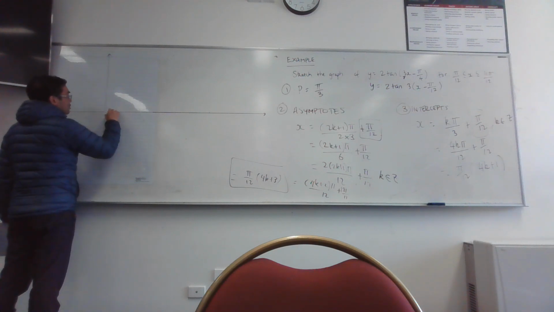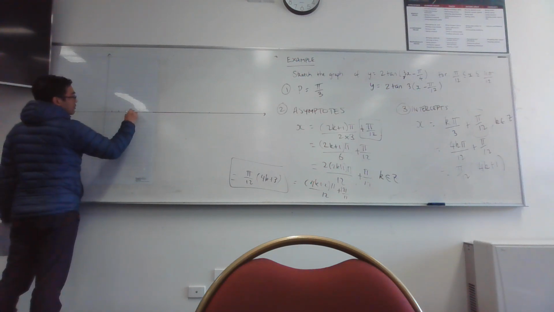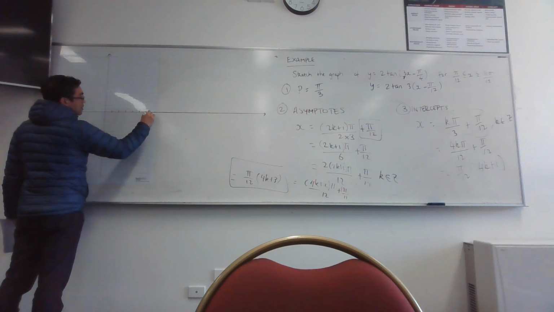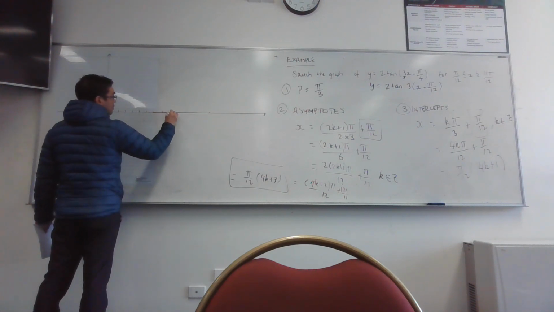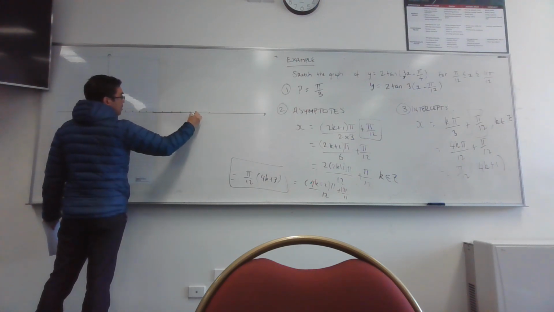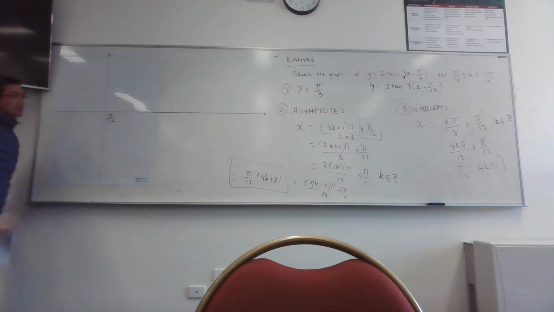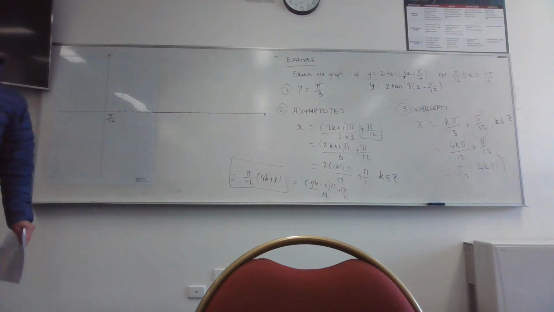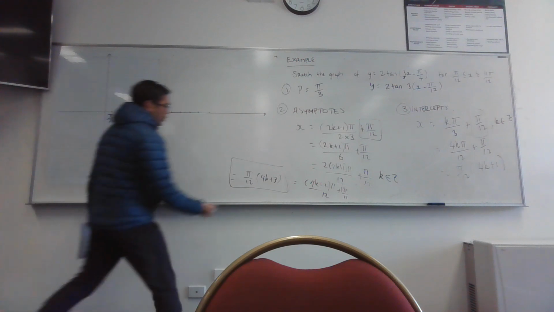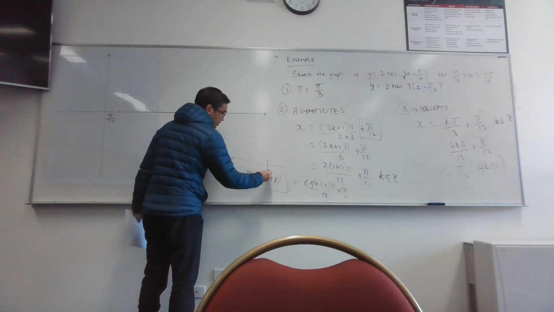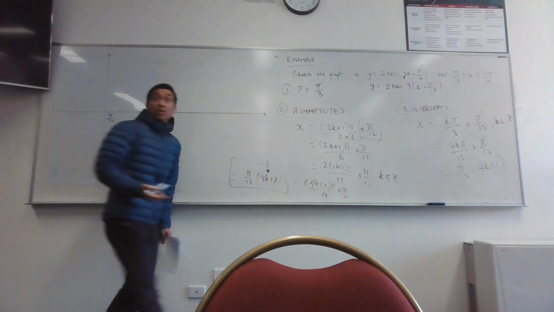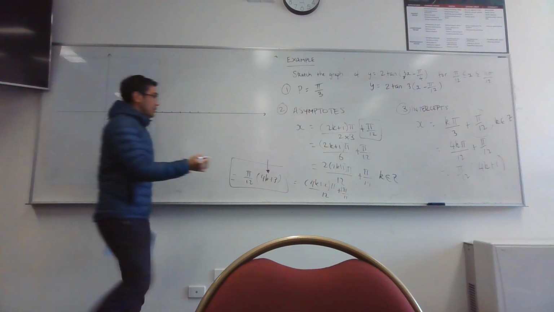Don't want to go too far. 1, 2, 3, 4, 8, 9, 10. Let's go with that. So I've got a pi on 12 over here. But now, we're going to use our counting system to figure out where our asymptotes are lying.